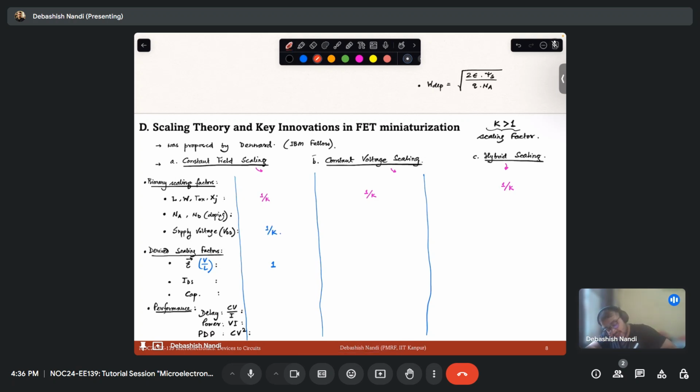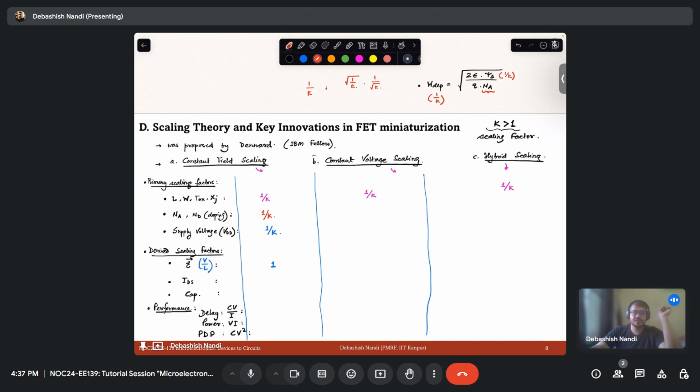So if all dimensions are scaled, W depth has to be scaled by 1 over k. So you have 1 over k on the left hand side, and root over 1 over k on the right hand side. So you need another root over 1 over k. That is scaling of this Na. That means you need to scale your Na also by k. Then only you can scale the depletion width of the MOSFET as well. So that is why doping is also scaled.